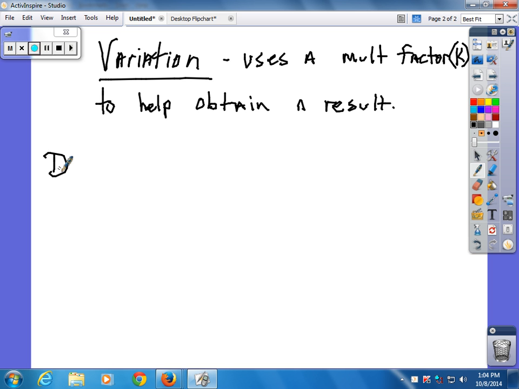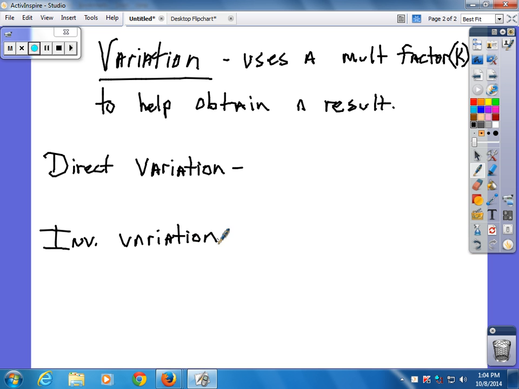Direct variation, inverse variation, and joint variation. That's what you're going to be studying in this section.